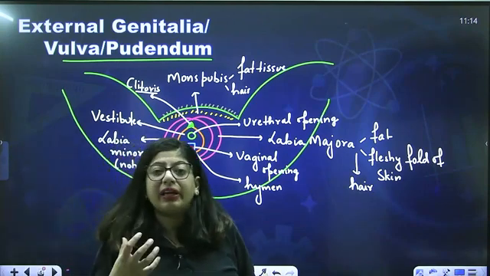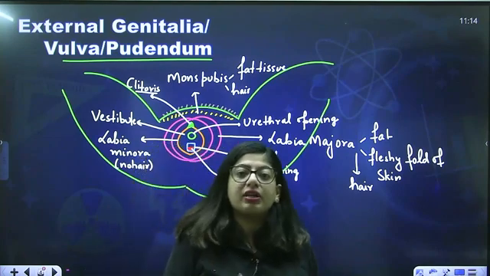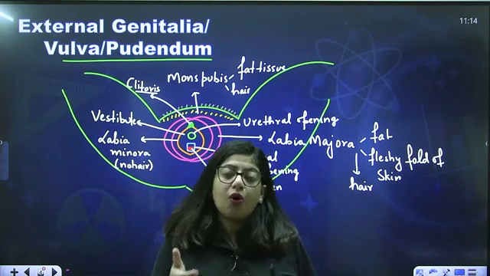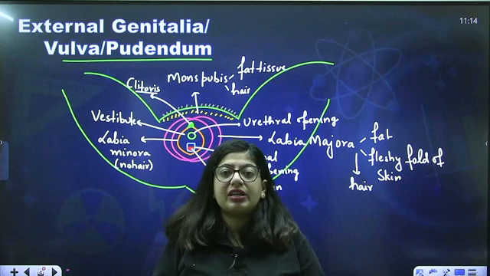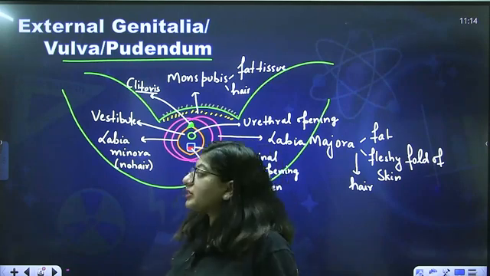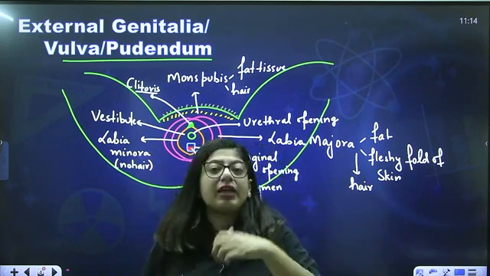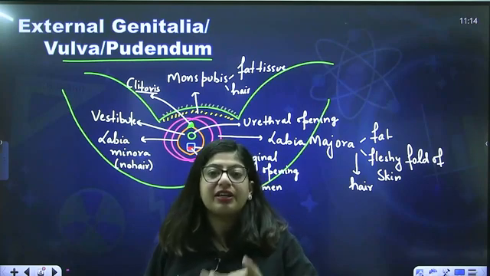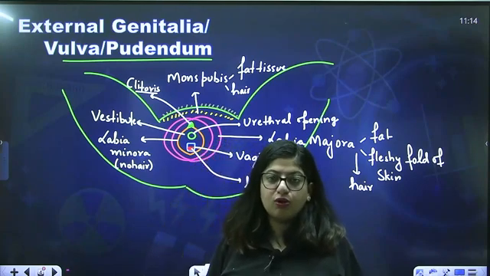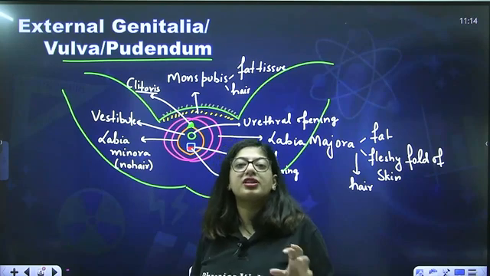Why homologous? The male penis during sexual arousal undergoes erection. Similarly in a female, when she is under sexual arousal, this clitoris gets erect. So that's why we say it's homologous to the male penis. Homologous means they're similar in origin and structure, right?